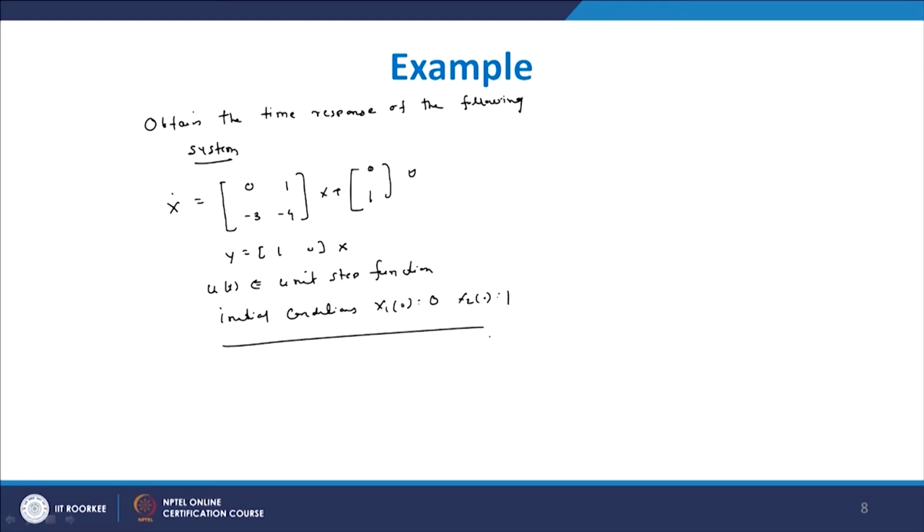Now, this is your state model, and our purpose is to get the x of t. Now, which method can we apply? You can use any of the methods, but now we go for the Laplace transform approach.